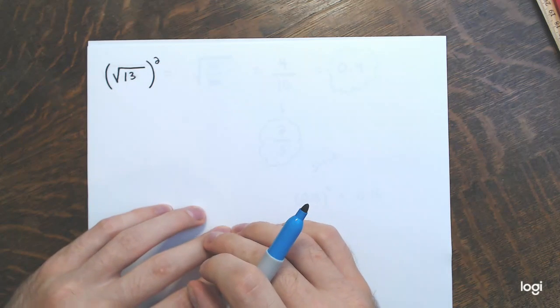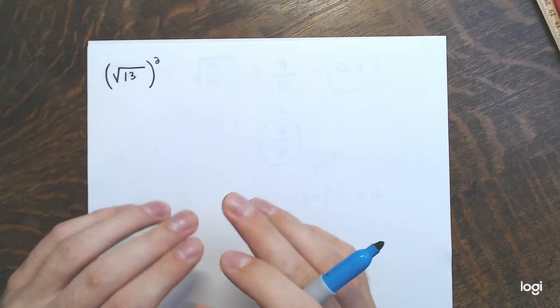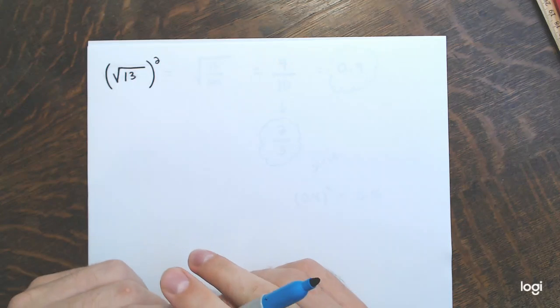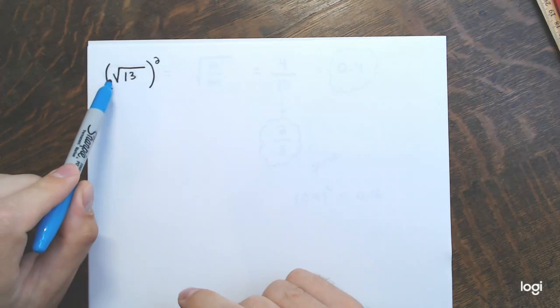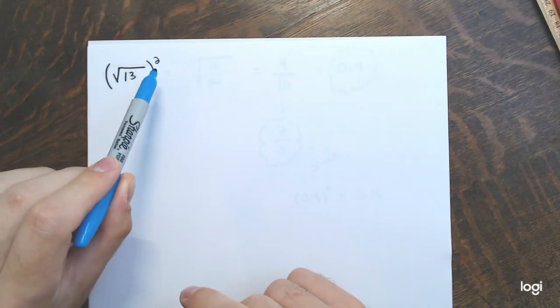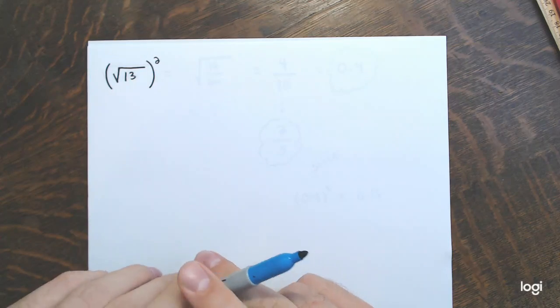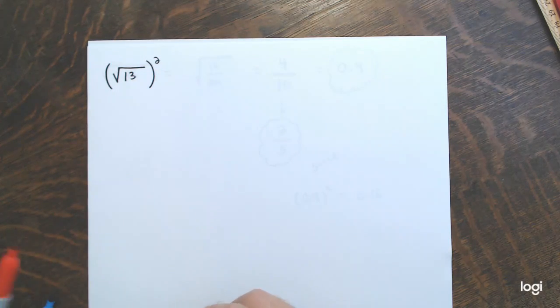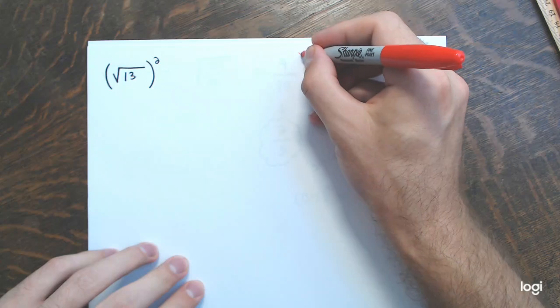Okay, so remember what I said earlier in the video. I said taking the square root and then squaring are inverse operations. I'll write that off to the side here.